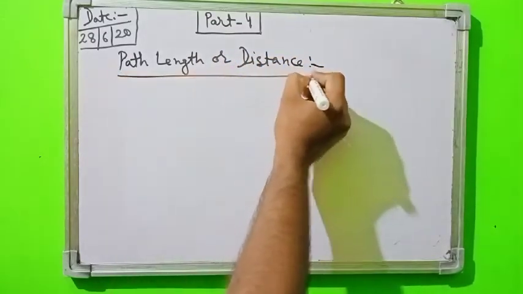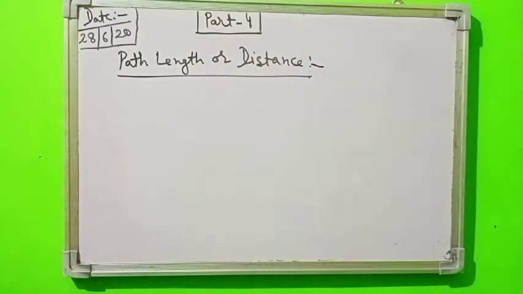Path length or distance. As you had already studied in class 9th, path length is the length of the path covered by any object or any person during its motion.